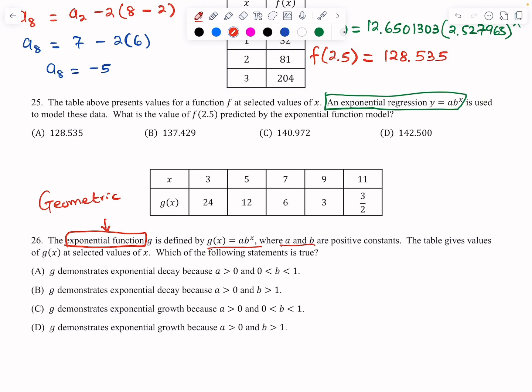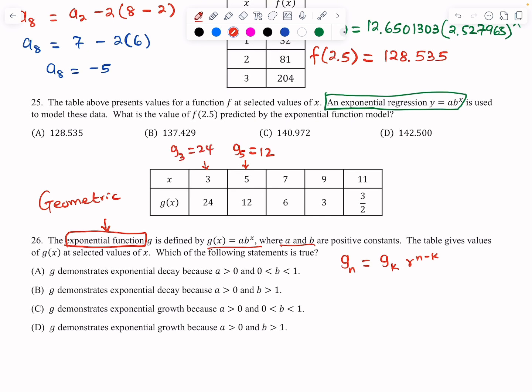In this case, all I need to do is, first of all, write down your formula for geometric sequence. So Gn is equals to Gk multiplied by r to the power of n minus k. And then I know that G5 is equals to 12, and G3 is equals to 24.